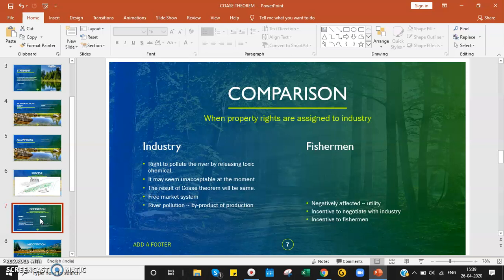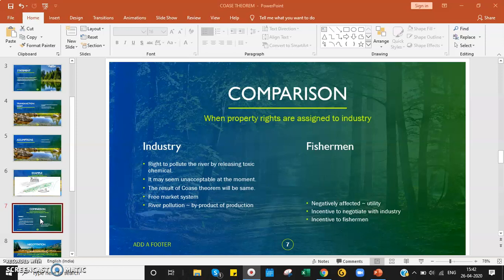The property is a river, and we are assigning full rights to the industry to pollute the river by releasing their toxic chemicals. This may seem unacceptable at the moment, but remember that no matter to whom property rights are assigned, the efficient solution which we will achieve at the end will be the same anyhow.